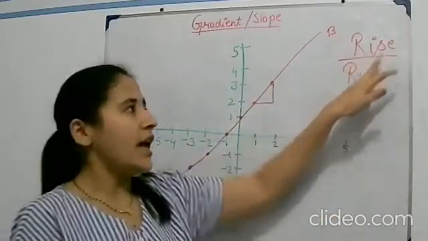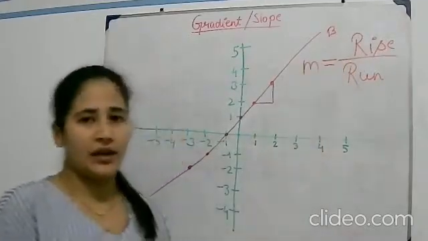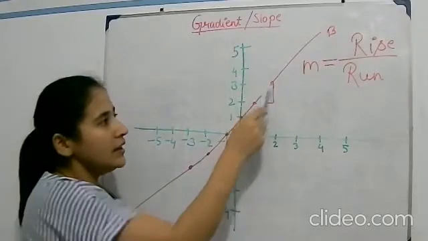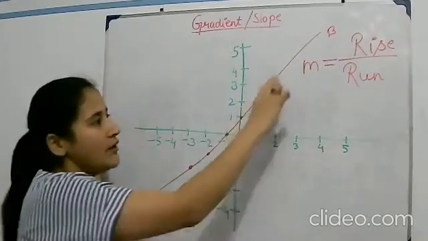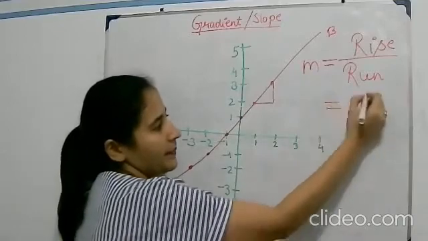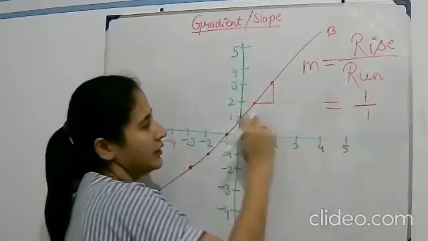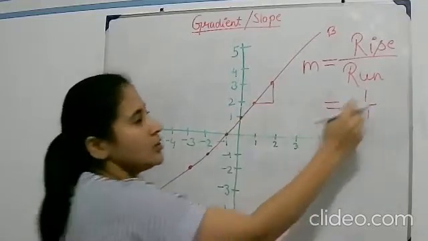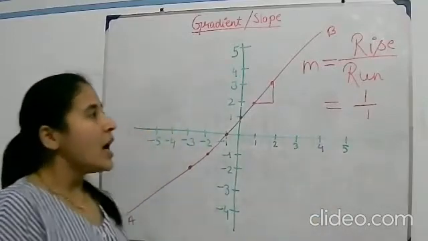The ratio of rise and run is the gradient of a straight line. Here, if we join these 2 points, rise is 1 unit and run is also 1 unit, from 1 to 2. So the slope is 1 by 1.